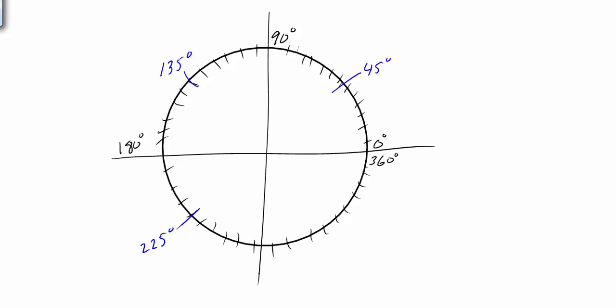And then, of course, we're now at the bottom of our circle here, and that's going to be 270 degrees. And if we go another 45 degrees, we're at 315 degrees. And if we add 45, we're around to 360. So these are going to be some of our important angles that we're going to look at.